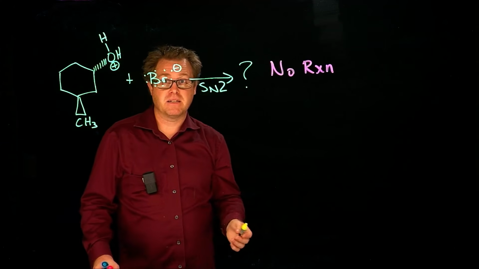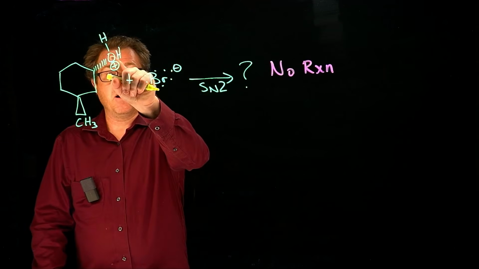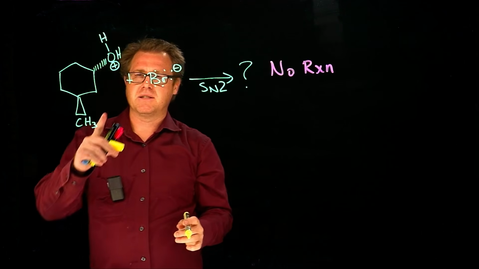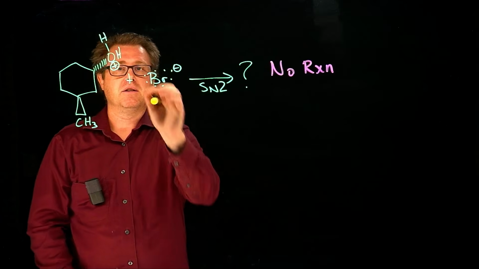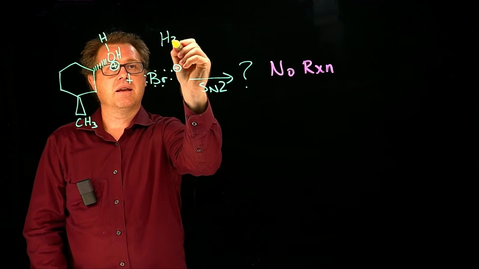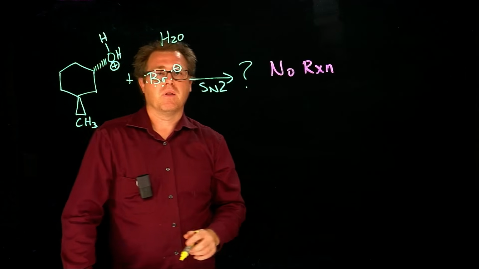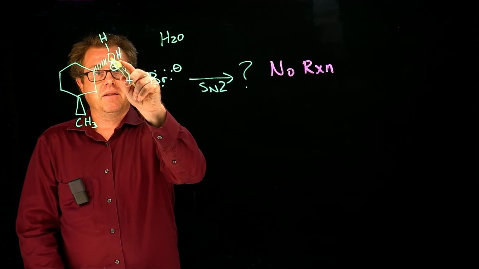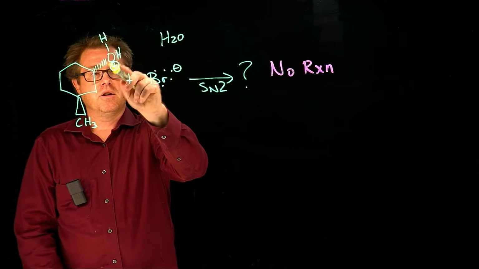It is now positively charged. Now, when oxygen looks like this, can you see what it kind of looks like? An oxygen with a hydrogen and a hydrogen. That's H2O. So once we break this dashed bond, this piece right here turns into water.